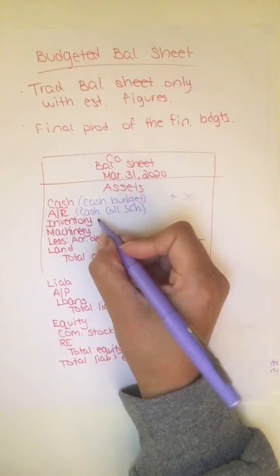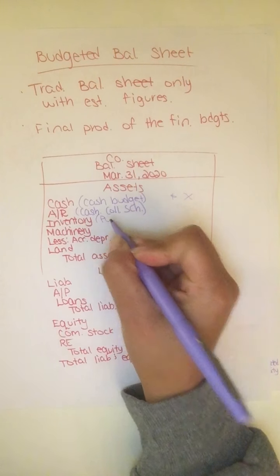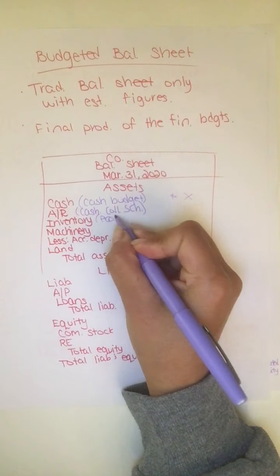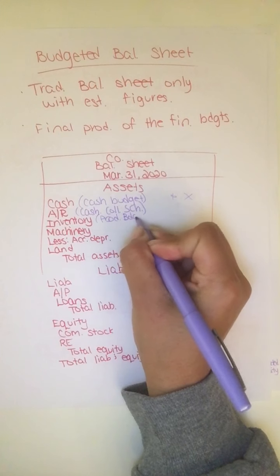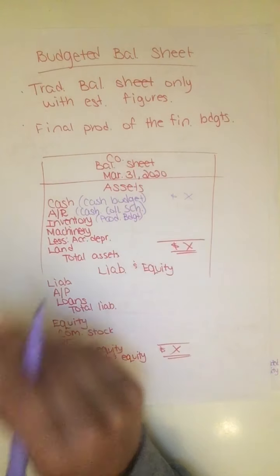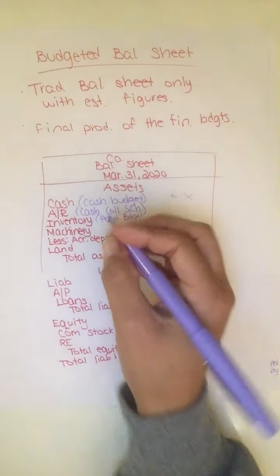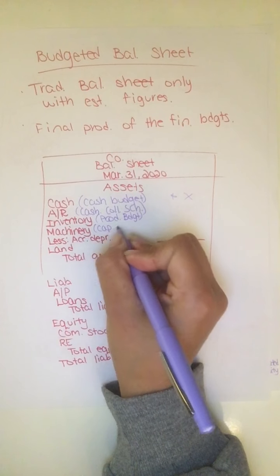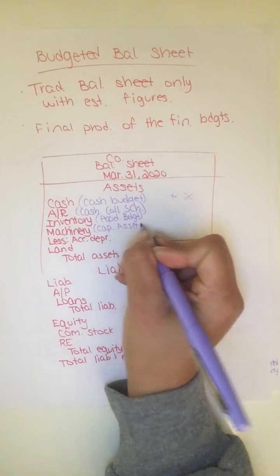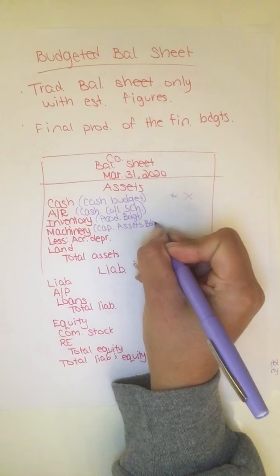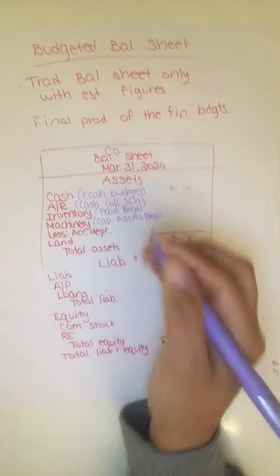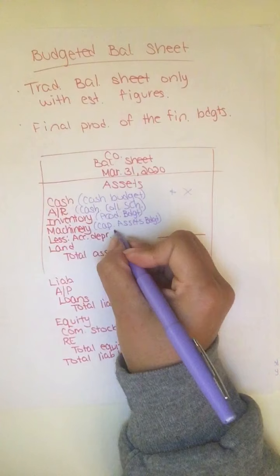All right, inventory, that's going to come from our purchases or production budget, depending on if we're a merchandiser or manufacturer. Our machinery, that's going to come from that capital assets budget. Your accumulated depreciation, it's going to come from a couple places.